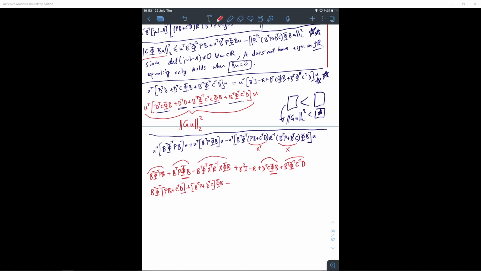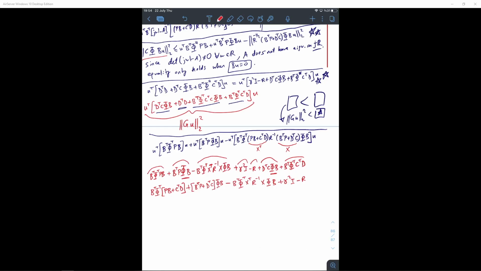I'm just going to write this as is: B transpose phi transpose X transpose R inverse X phi B, plus this term gamma square identity minus R. One by one.